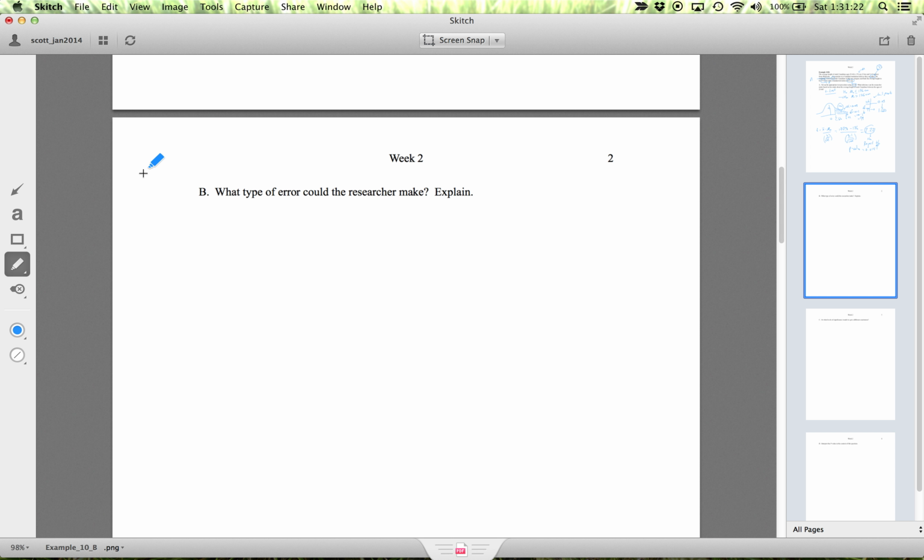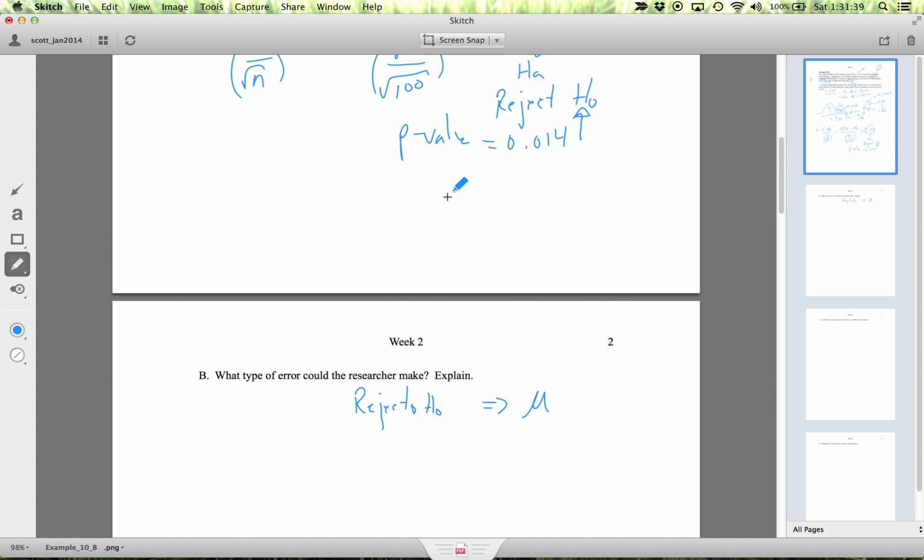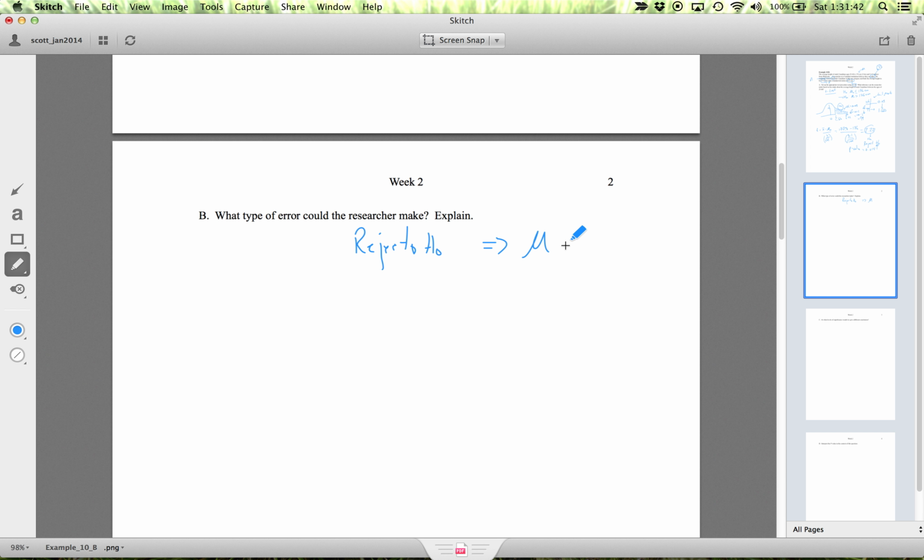Well, remember what we did here. We rejected H naught. Remember, H naught here was that mu was less than or equal to 176 centimeters. So we rejected this idea. Let's remind ourselves of the kinds of errors.